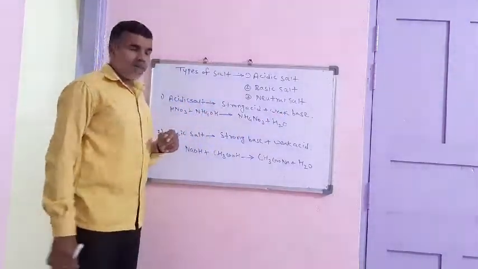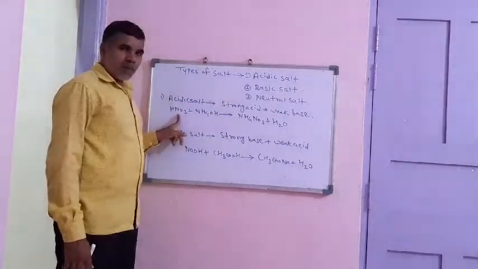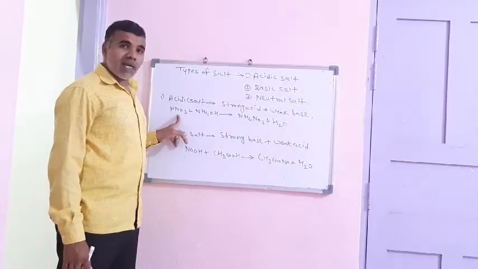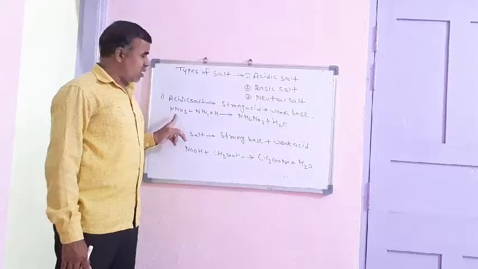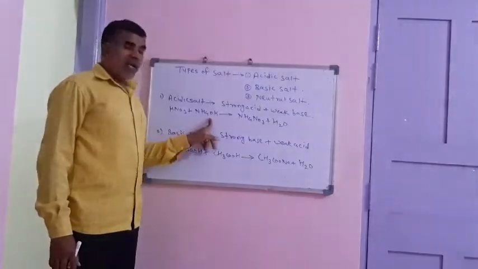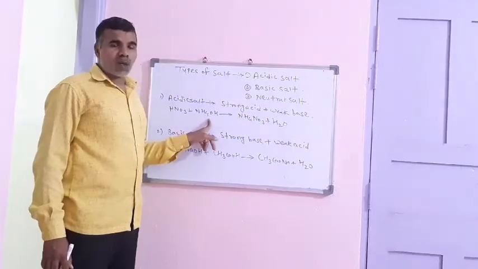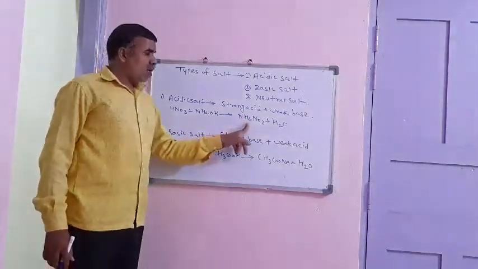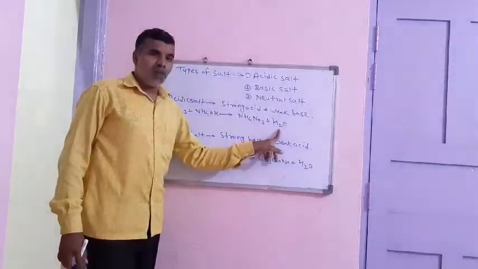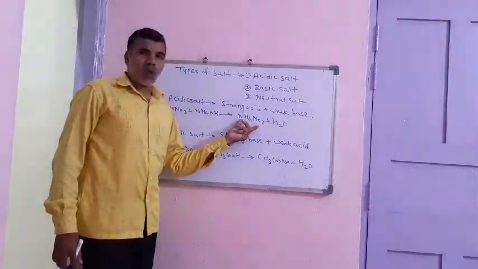Example आपण घेऊ इथं HNO3. What is the name of this compound? HNO3 means nitric acid, which is a strong acid. Nitric acid reacted with a weak base NH4OH, ammonium hydroxide. We get NH4NO3, ammonium nitrate and water. So we get the acidic salt.